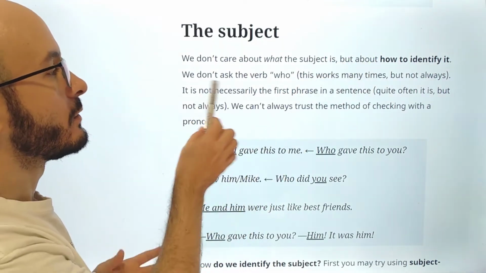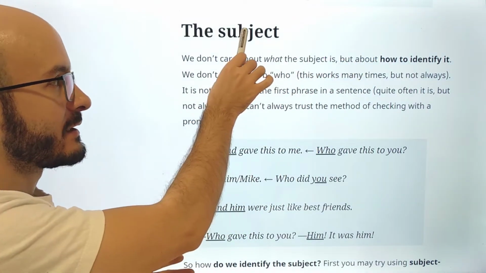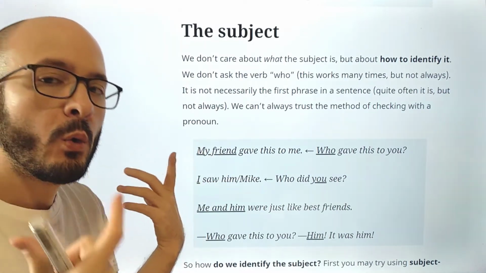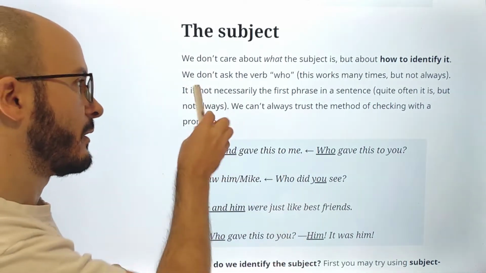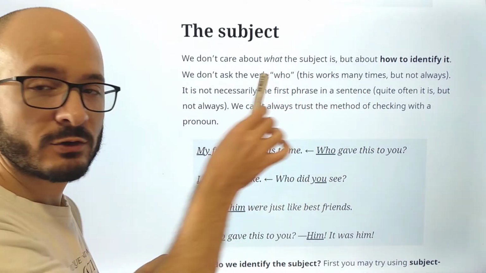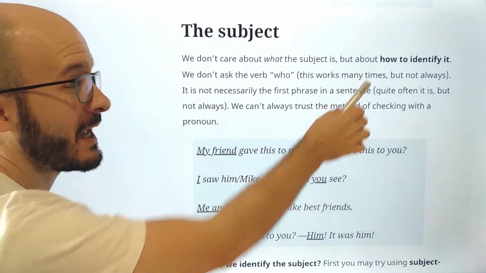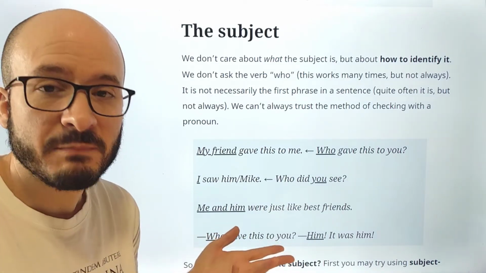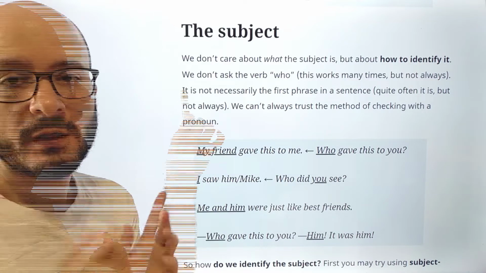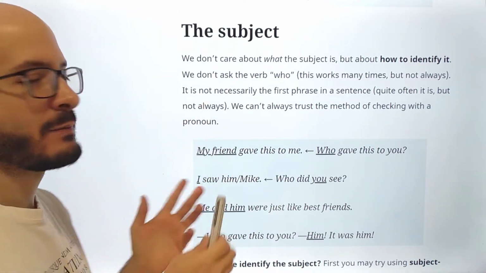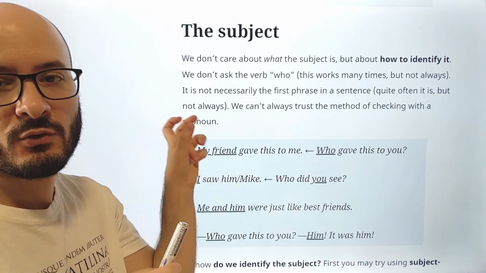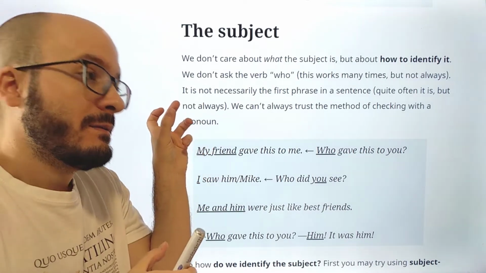So how to identify the subject? You might have been told you have to ask the verb who. So no, we don't ask the verb who. This works many times, but not always. By many times, I don't know, maybe 70% of the time. Another trick is to say the first phrase is the subject.